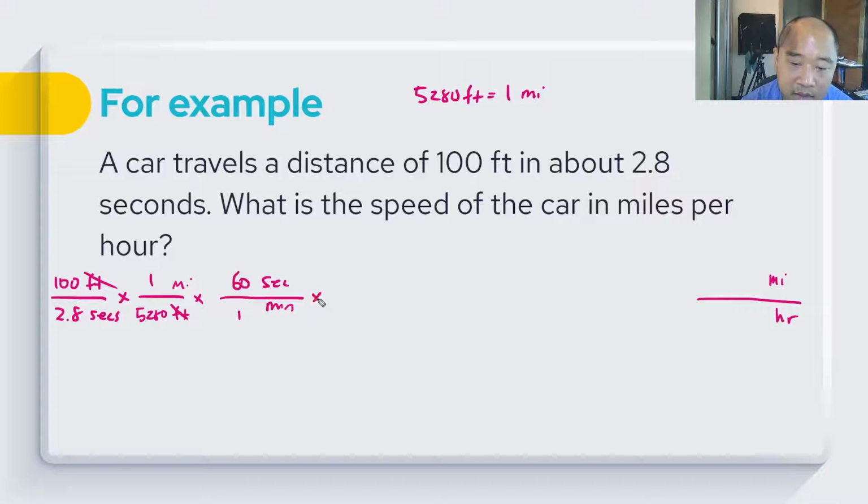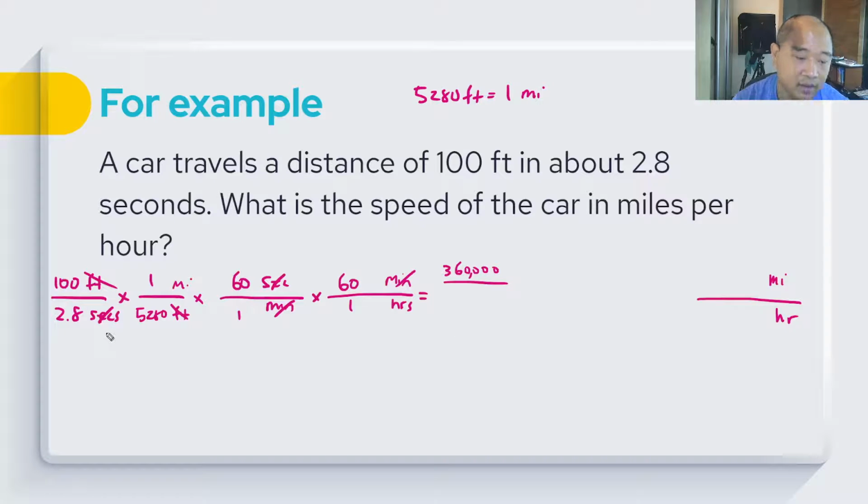So how many seconds in a minute? 60 seconds in a minute. And then we need to convert our minutes to hours, right? So we put minutes on top, hours on the bottom, 60 minutes in 1 hour. Oh, look at all the space I have. So now we're left with our miles and hours. 100 times 60 times 60, that's 3,600, and then 2 more zeros, that's 360,000.